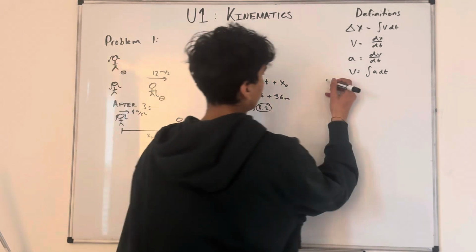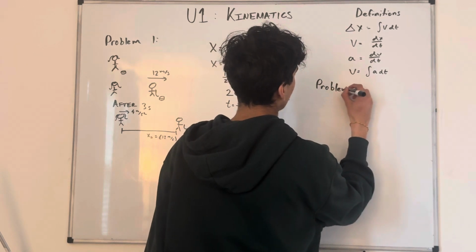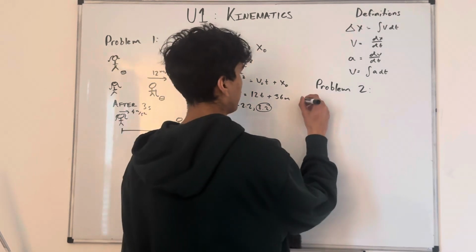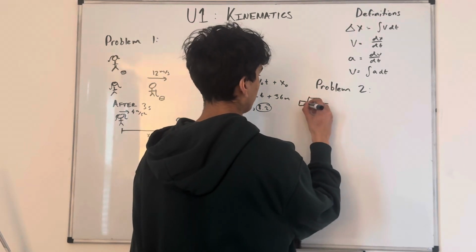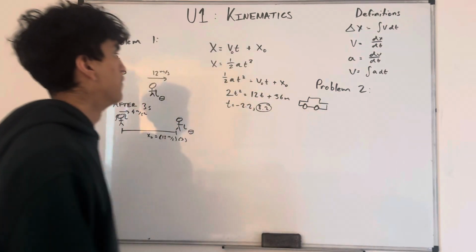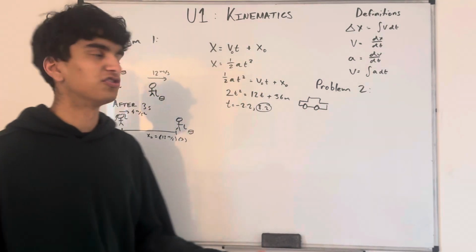If you think about the second problem we have, we have a drag racer. So we have a car, this nice Lamborghini or something. You use Lamborghinis for drag racing, right?